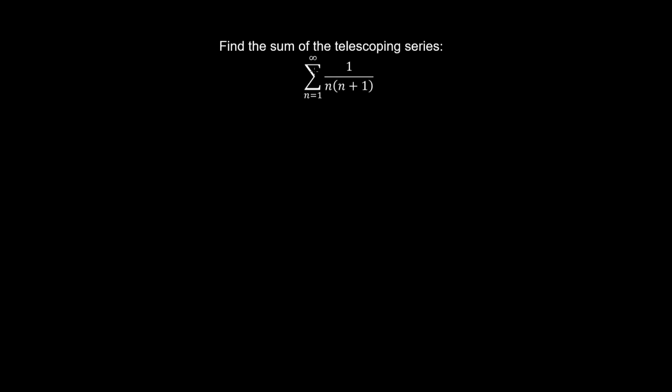Let's find the sum of the telescoping series. So I'll leave it to you to apply the method of partial fractions, and you can write the series in the following form. So the nth partial sum can be written as follows.